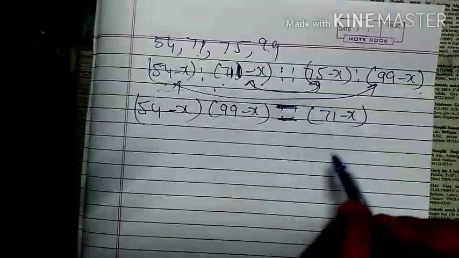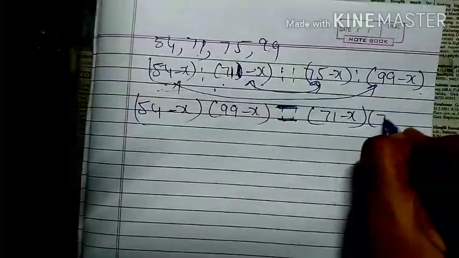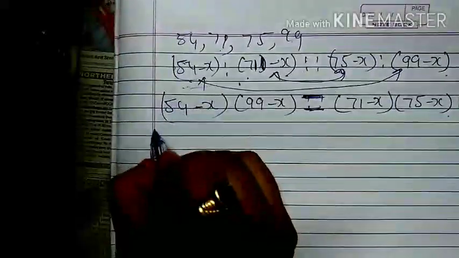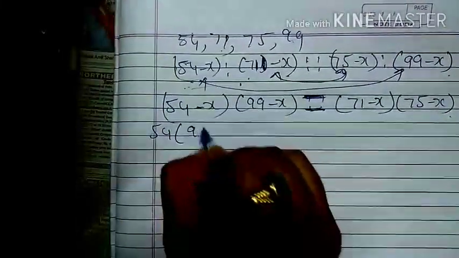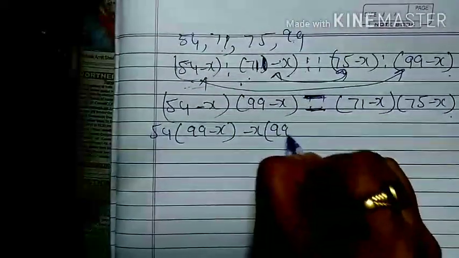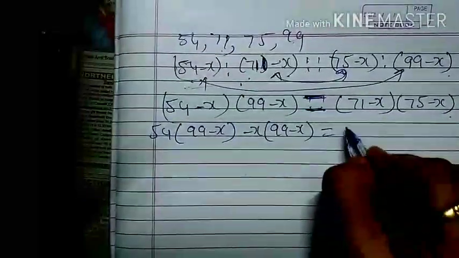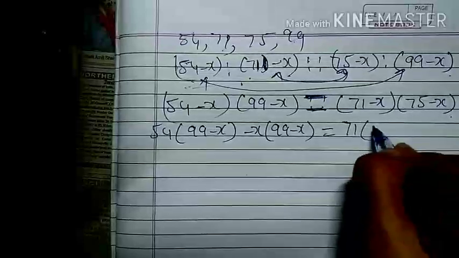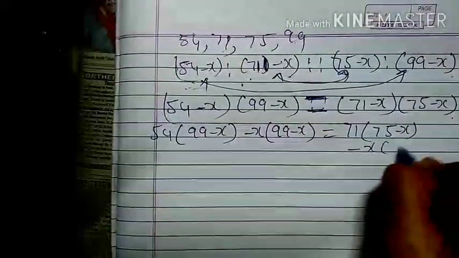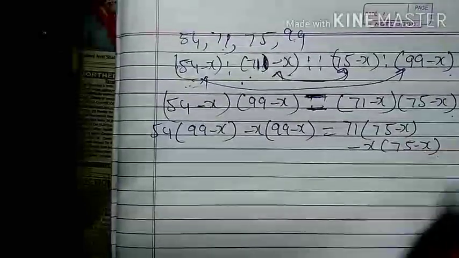Now one by one you have to multiply. First 54 multiplied by 99 minus x, then minus x multiplied by 99 minus x. Here also first 71 multiplied by 75 minus x, then minus x multiplied by 75 minus x.